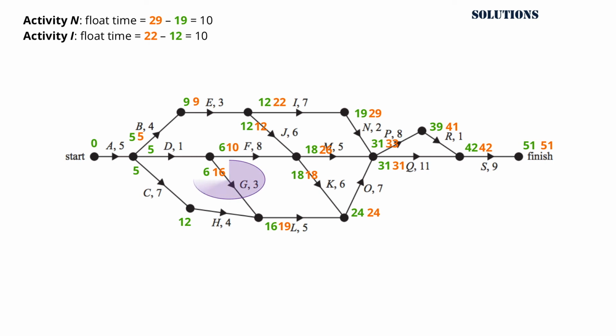We have found another activity, activity G, which has a float time of 10, 16 minus 6.